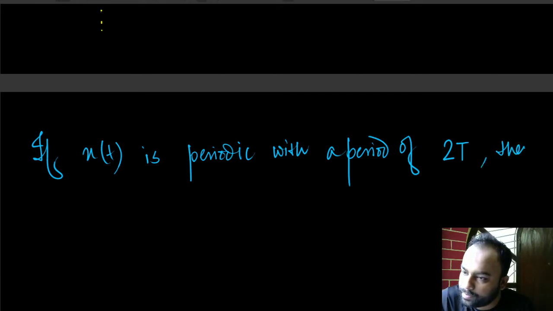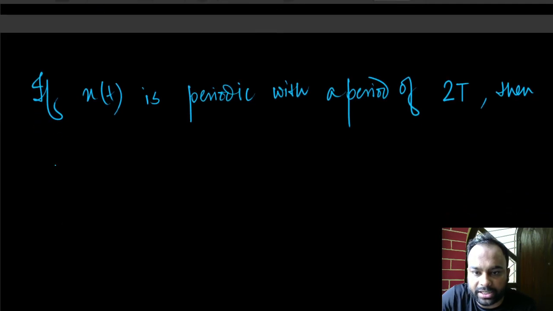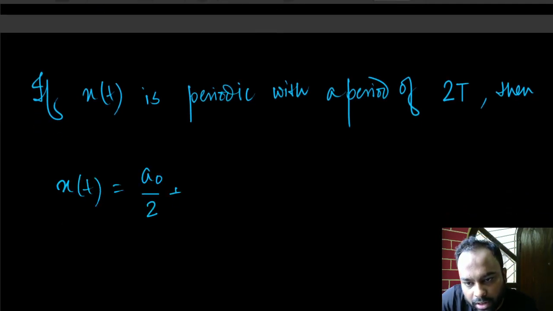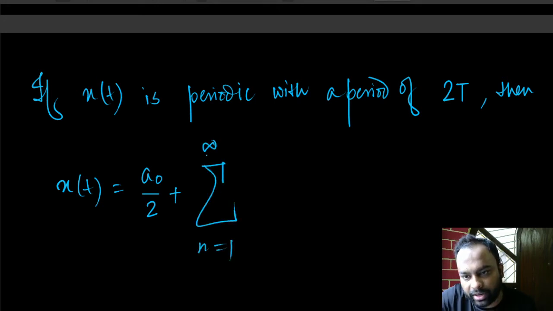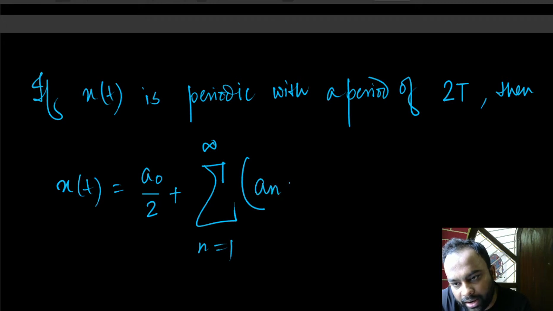Then the Fourier series expression here is going to be x(t) equals a0 by 2 plus summation n equal to 1 to infinity of an cos. Now of course we are going to have signals that are periodic with a period of 2T, and then periodic with a period of 2T by 2, periodic with a period of 2T by 3, and so on, right?